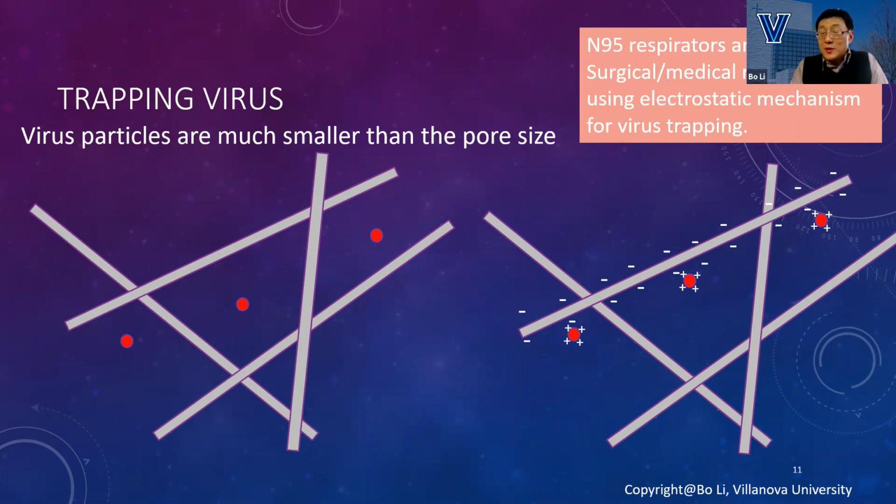And this is the critical mechanism for N95 and surgical medical masks to trap the virus effectively, while other cloth masks do not have such capability. All right, so with that, we will talk about part 3, which mask is better.